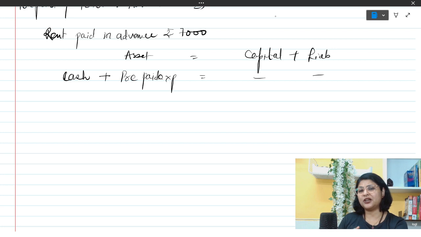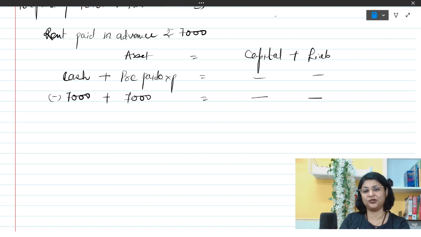Here we are going to deduct 7,000 from cash and we are going to add 7,000 into prepaid expenses. This transaction will have no impact on the liability side. Plus 7,000 and minus 7,000 is 0. Accounting equation is tallying. So always remember, whenever you make any payment in advance, that is your asset and it has to be recorded as an asset.